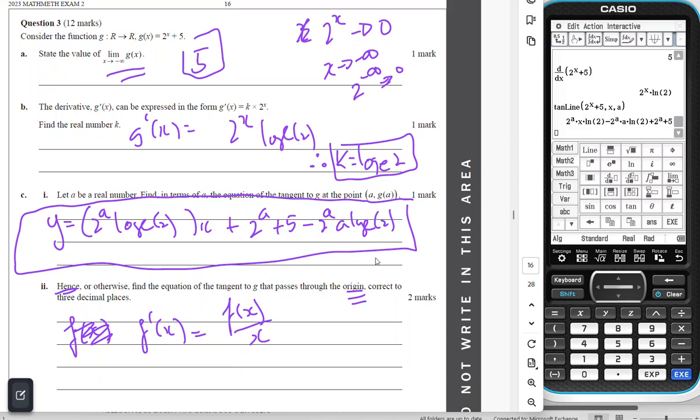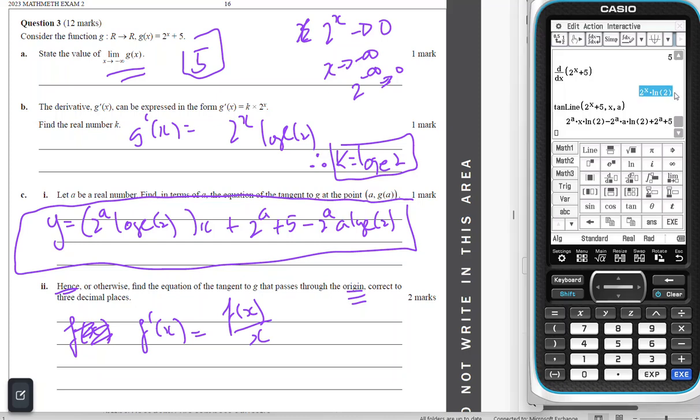So f dash of x is where I take my derivative, that's my derivative there, equals fraction f of x on x, and solve for x.